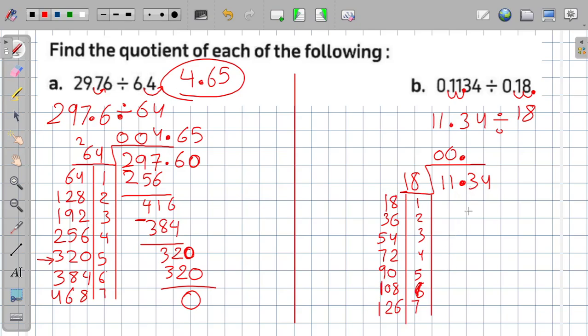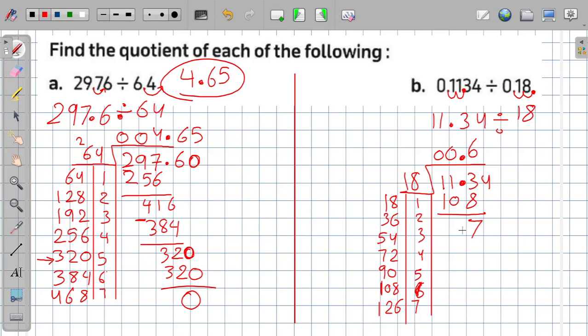I don't have 113 in the timetable of 18, so what can I do? 113 is between 108 and 126. So I will take 108. So 108 divided by 18 equals 6.